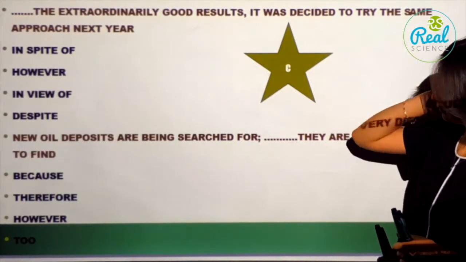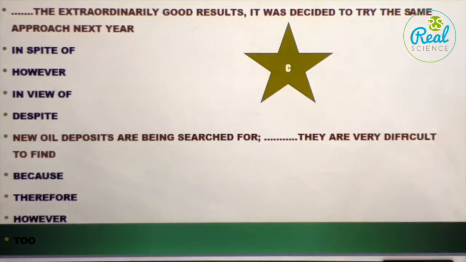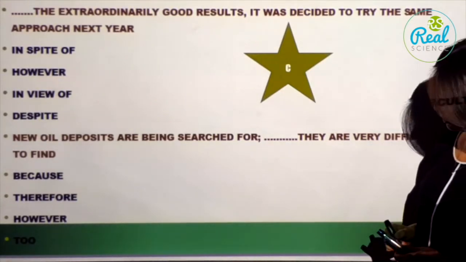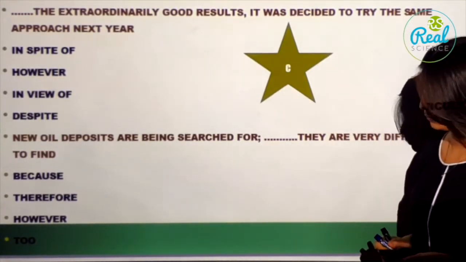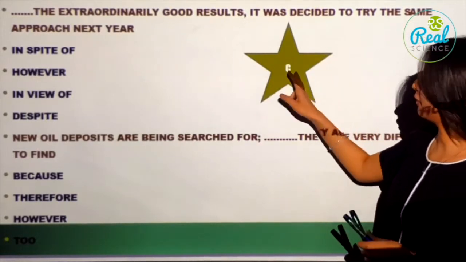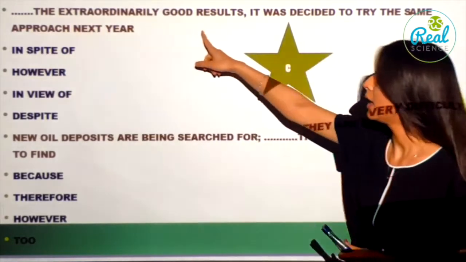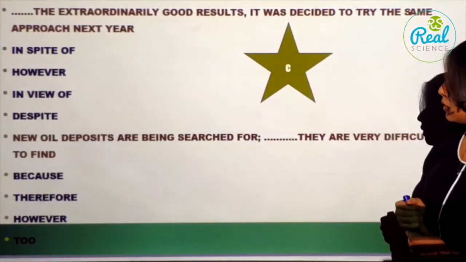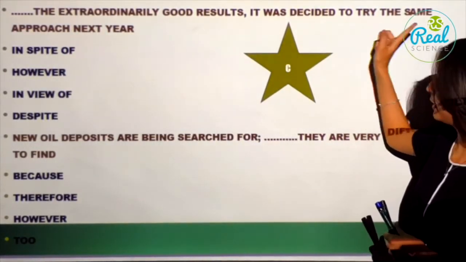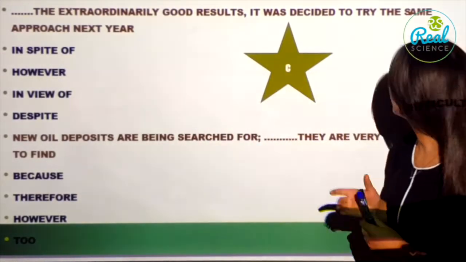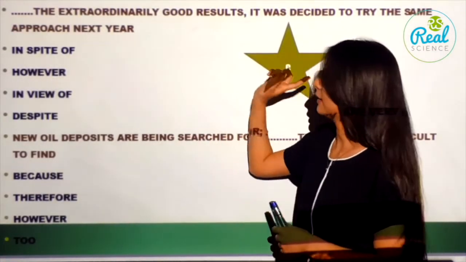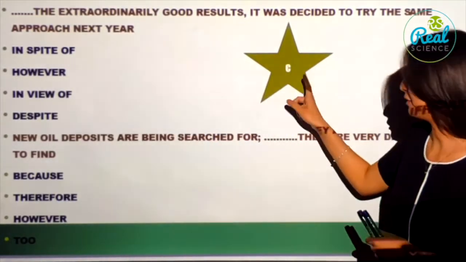Actually, guys, the correct answer is not C. Here the correct answer is A1: In spite of the extraordinarily good results, it was decided to try the same approach next year. So the correct answer is A1, not C.